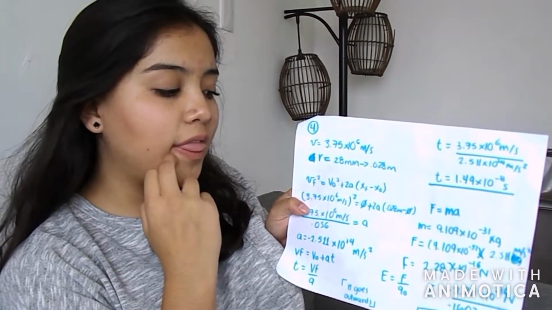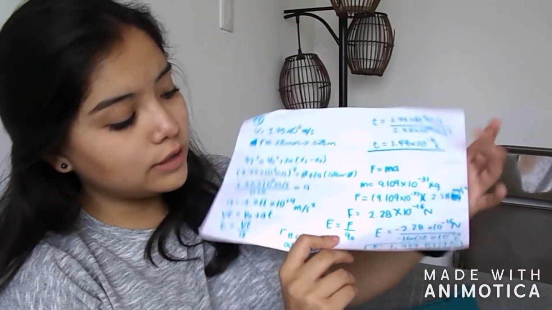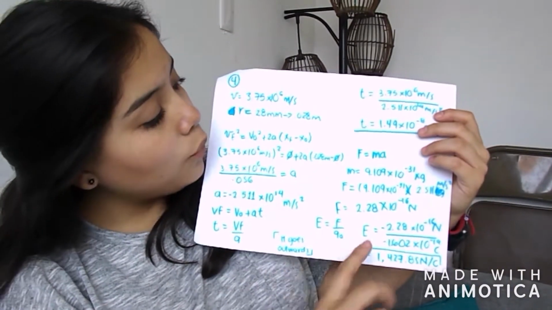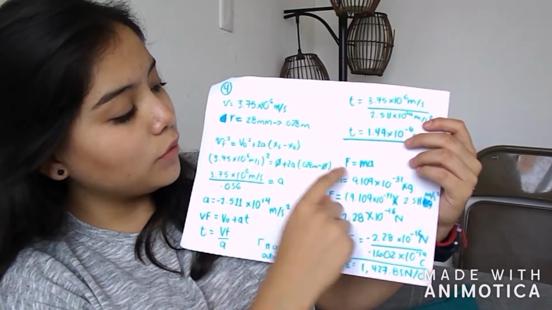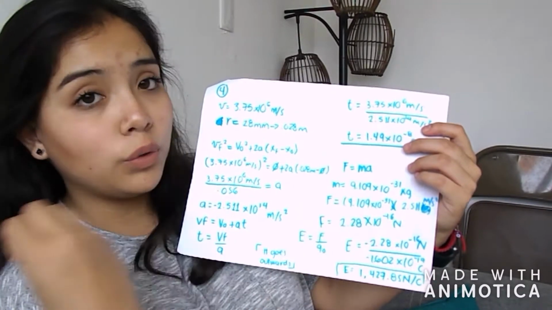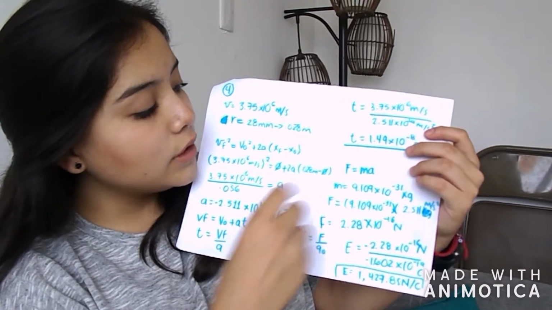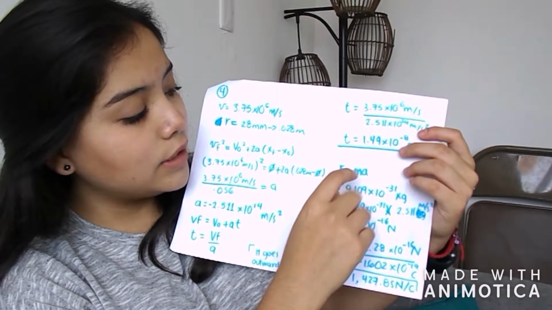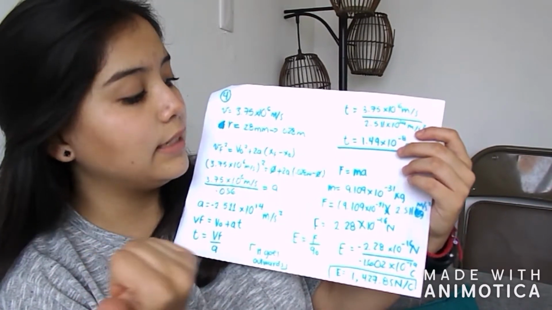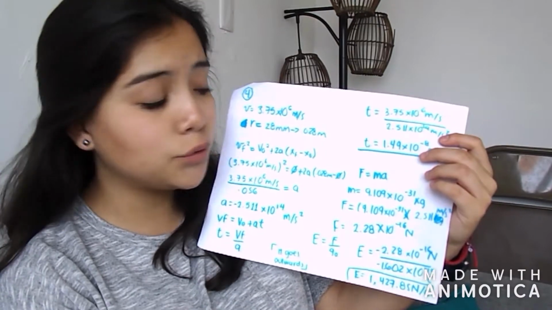Then for the electric field, we're gonna use this formula, and we're gonna substitute our values. First of all, we need to know the force, and we're gonna use the mass times acceleration. We know the acceleration, and the mass is the mass of the electron.